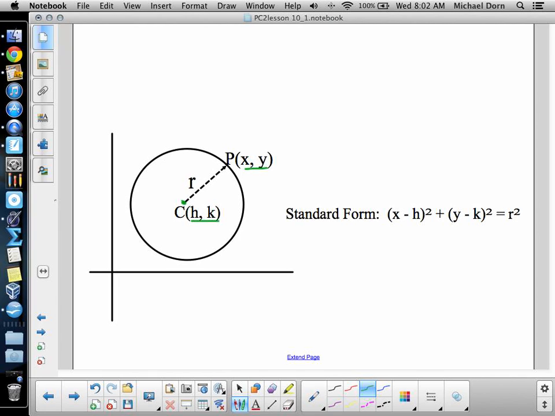And you may notice a distinct relationship between the equation of a circle, the Pythagorean theorem, a right triangle ABC, and the distance formula.